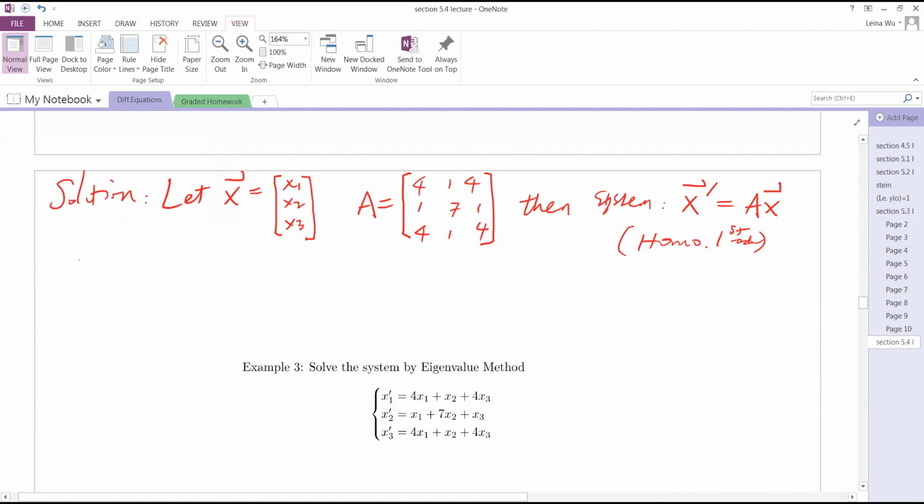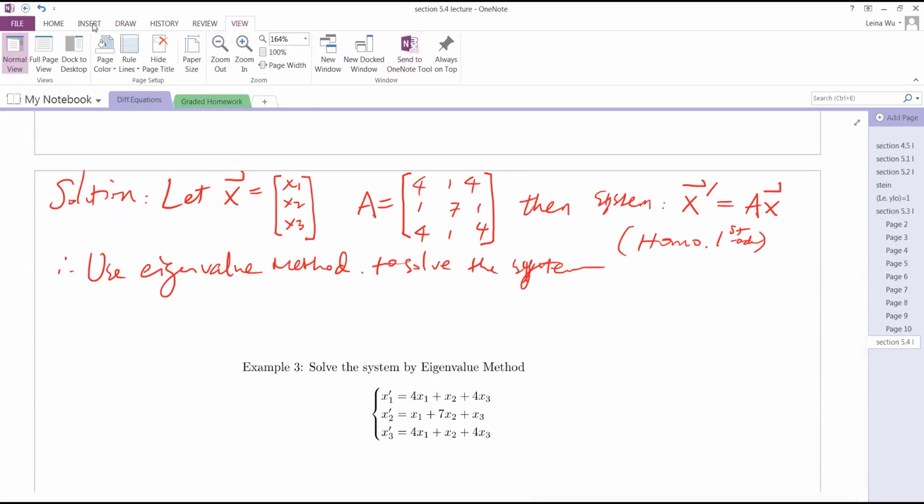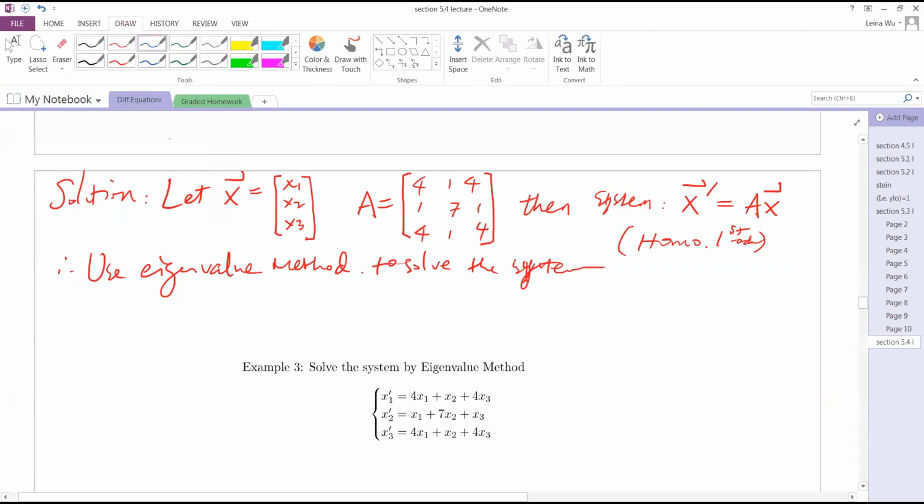So we can use the eigenvalue method to solve the system. Okay, with the eigenvalue method, first of all we have to solve for the eigenvalues, right? So first, let's find the eigenvalues of matrix A.